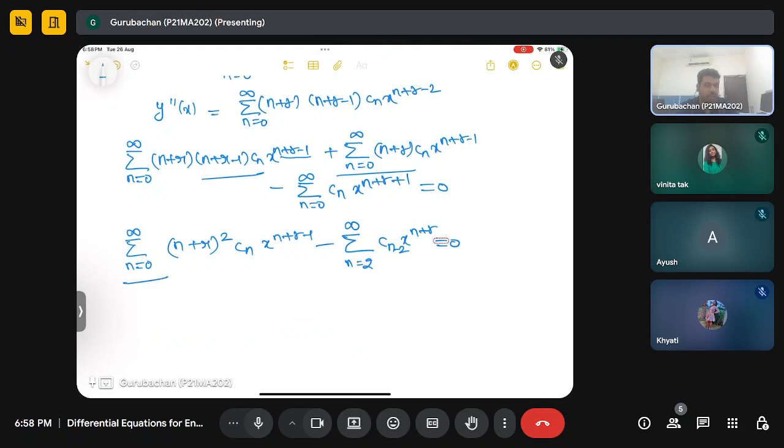So this series starts from n equal to 0 and this series starts from n equal to 2.